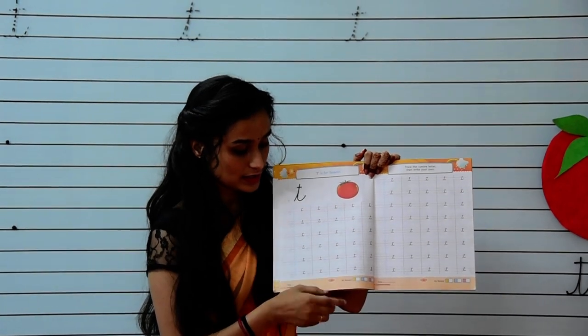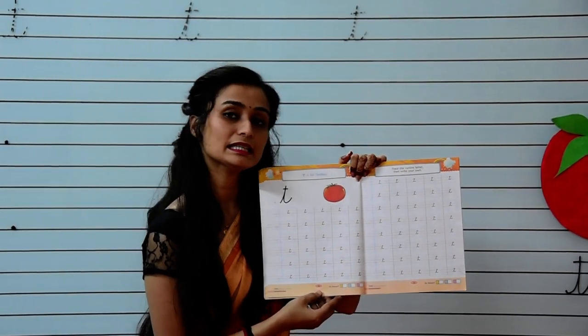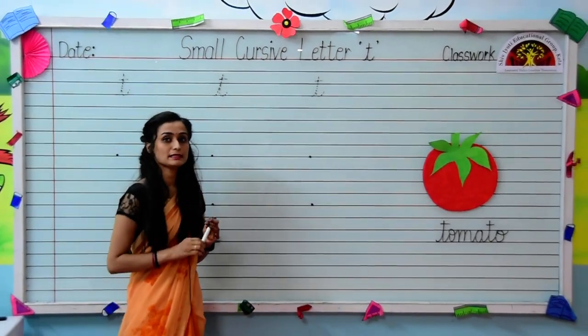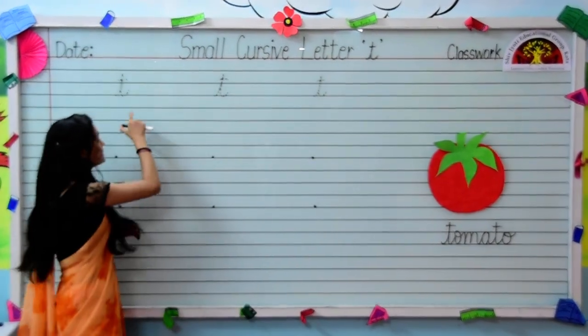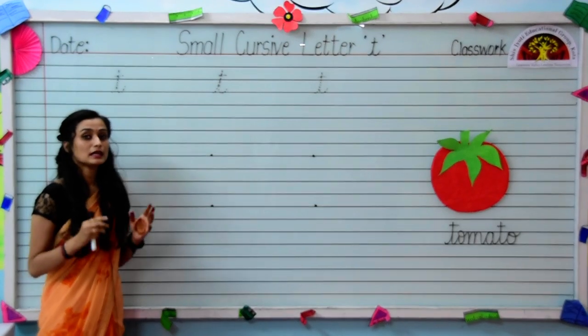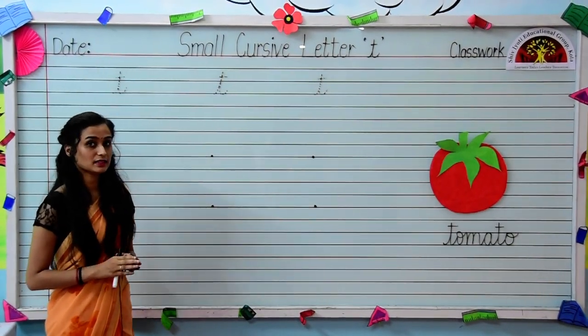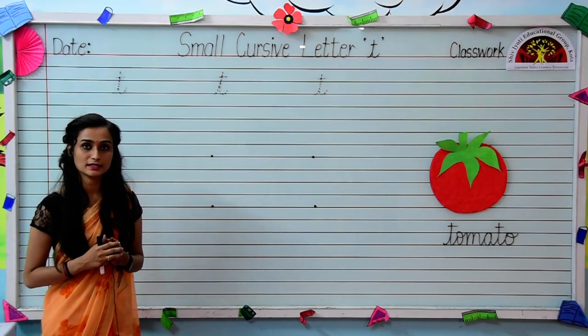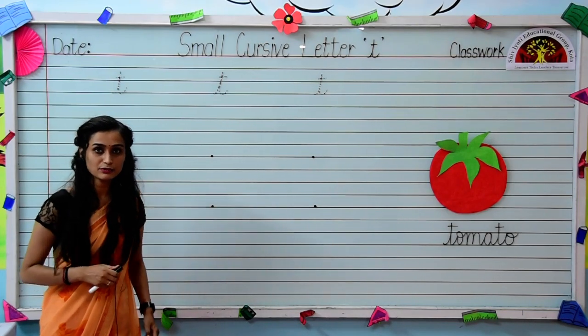Firstly, we will write page number 26. As you can see, tracing of small cursive letter T is there. So we will see how to do tracing of small cursive letter T first.